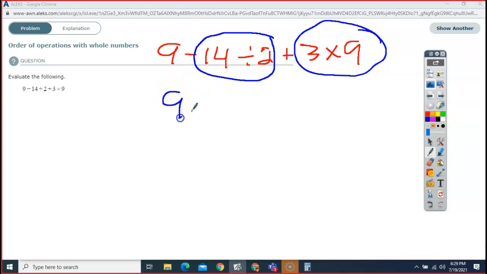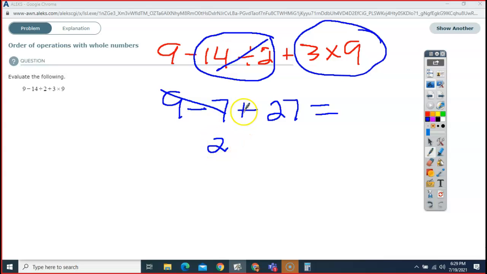So 14 divided by 2 is 7. Plus 3 times 9 is 27. Then from this point, because it's only subtraction and addition, just go from left to right. 9 take away 7 is 2. And then, of course, 2 plus 27 is 29. Ta-da!